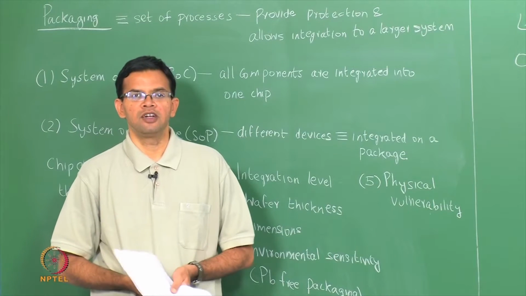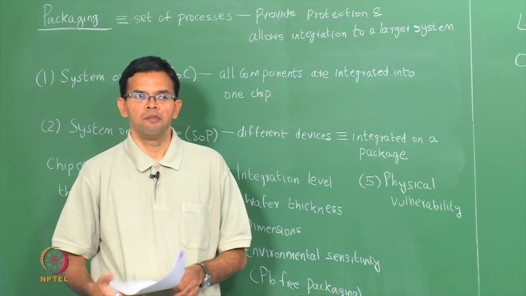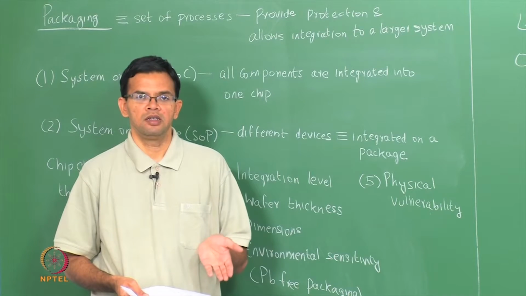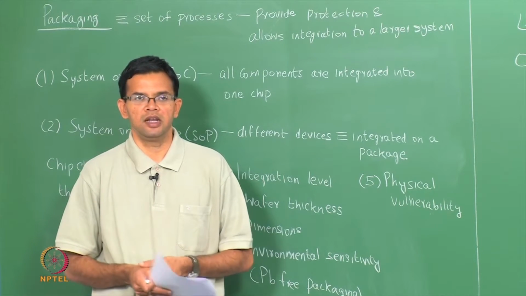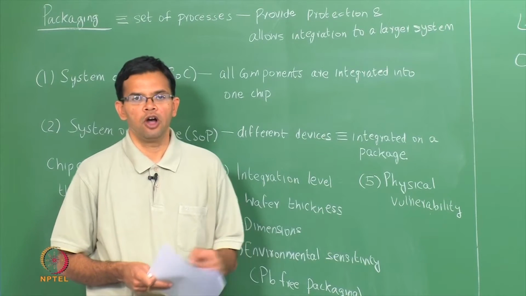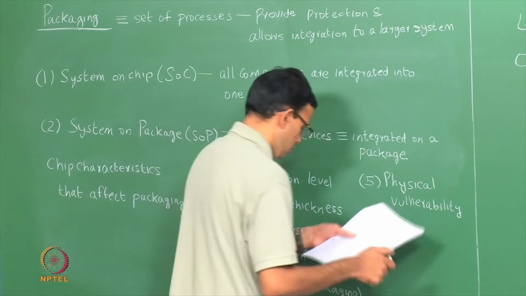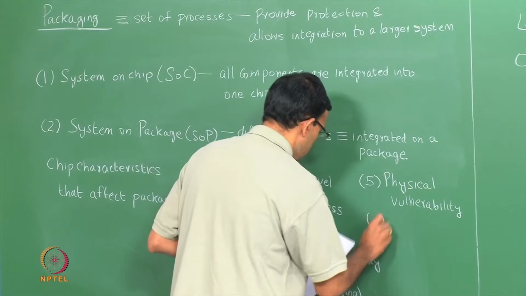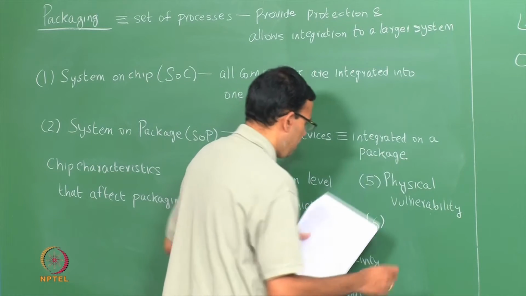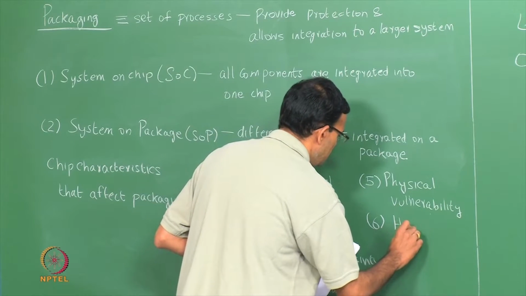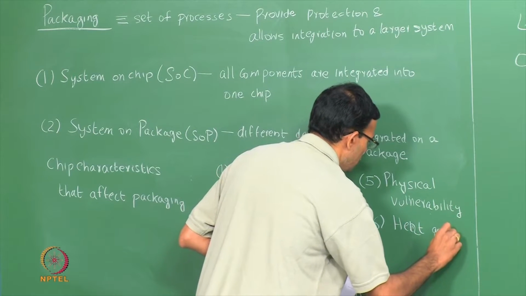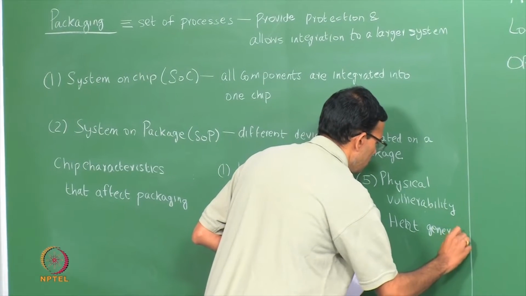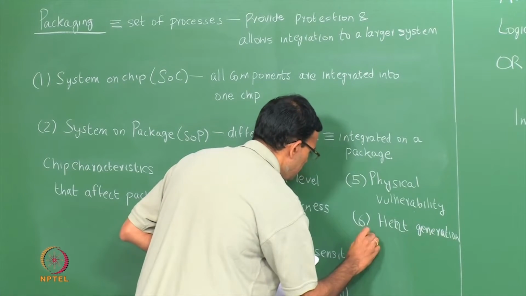For example, you could have a microprocessor being embedded in a machine that is under constant use, so that both stresses and strains and vibrations would all play a role. Some of the other characteristics are heat generation, and heat sensitivity.